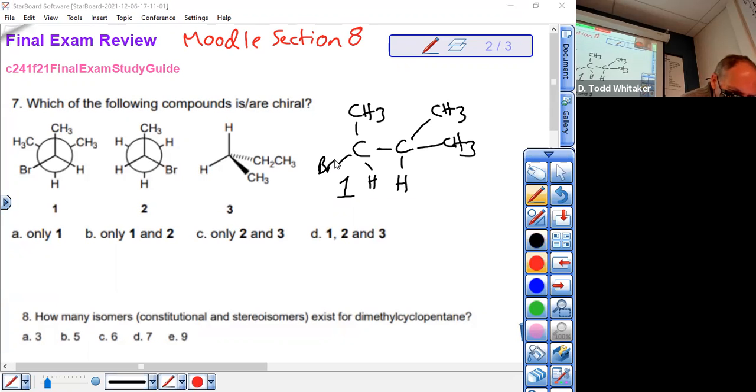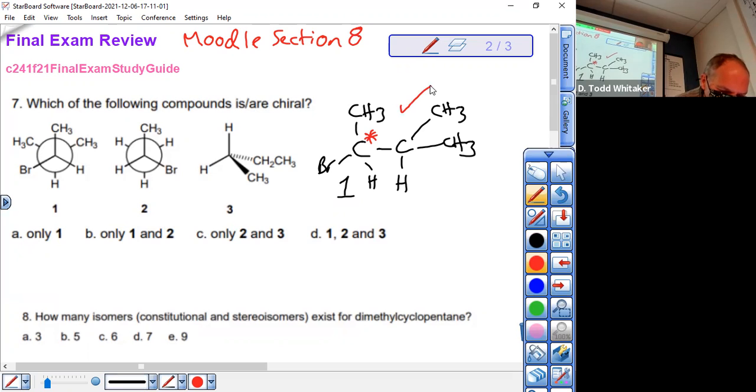And I definitely see a stereocenter, and I don't see a possibility of meso. That's the only thing that would cancel a molecule that has stereocenters from being chiral, if it's also meso, but you would have to have the same stereocenter twice for that, and we don't have that clearly. So one is definitely chiral.